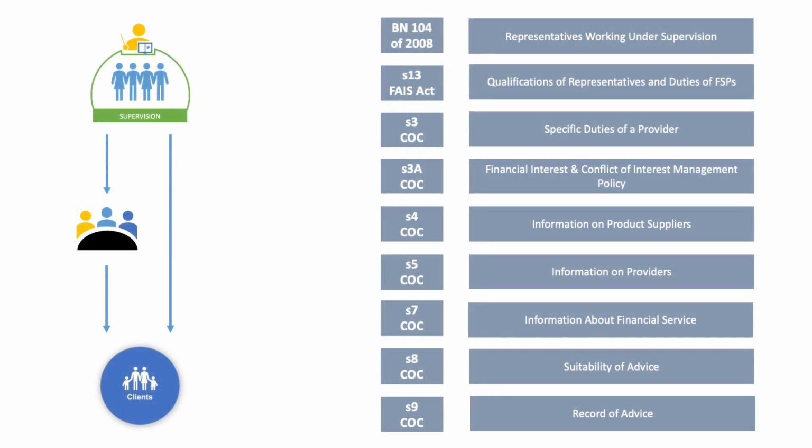Next, we will recap on Section 5 of the Code of Conduct, which covers information an FSP and representative must disclose to the client. Section 5 of the Code of Conduct covers what the FSP must provide and disclose to the client about itself when rendering a financial service.